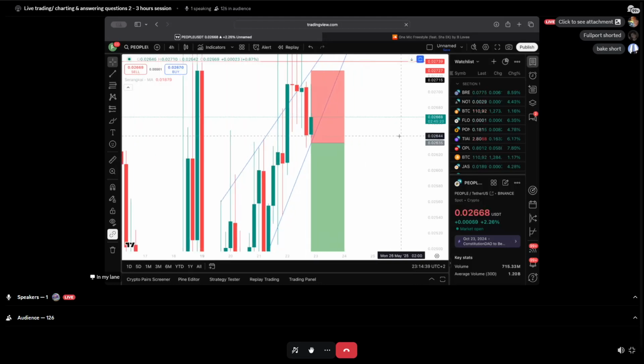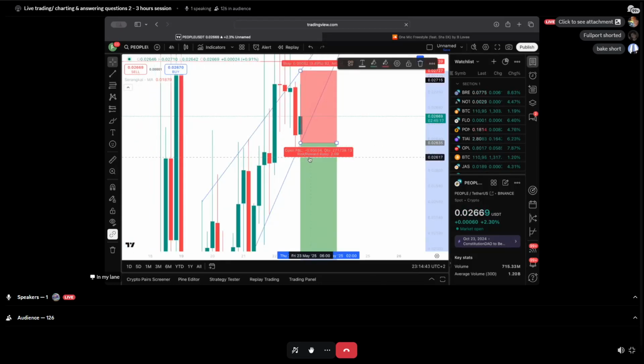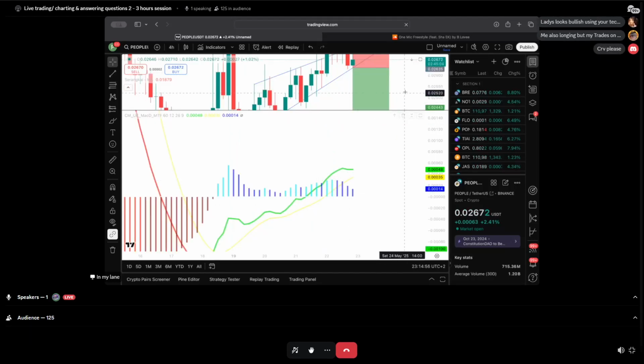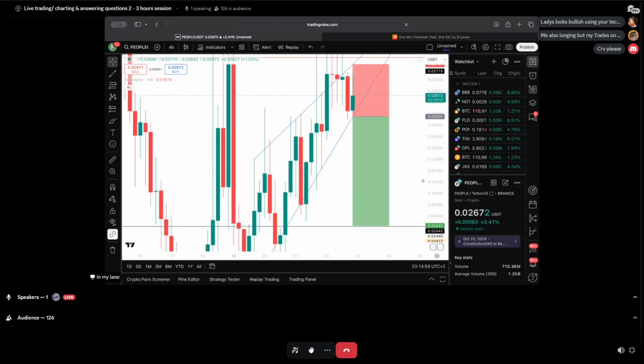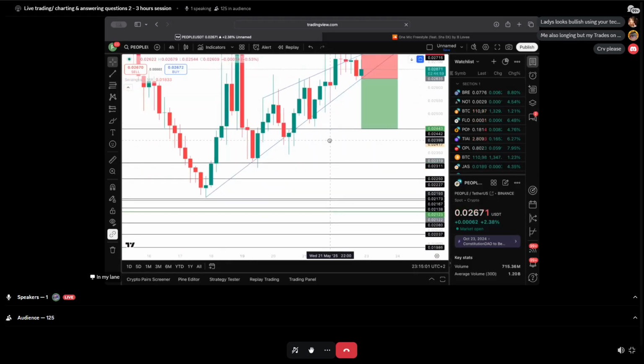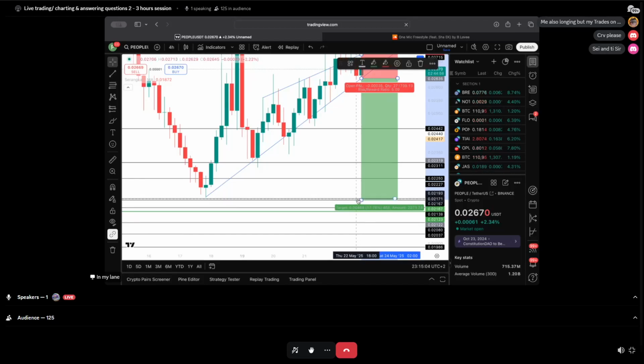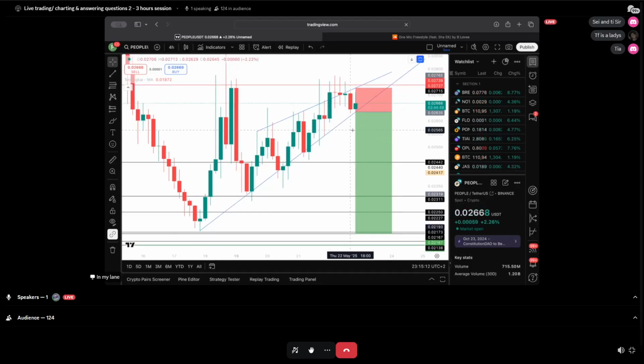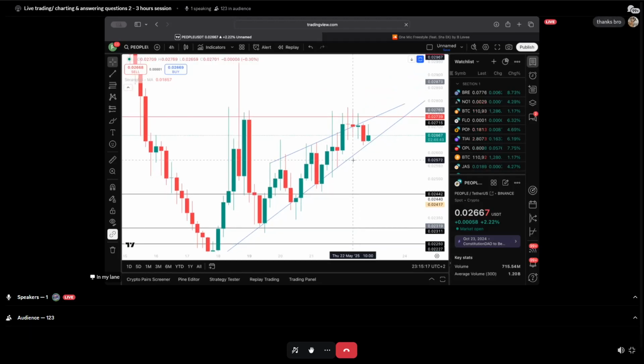Only if we close below, the candle here is red, and it goes back up. We get a cross here, and boom. Because we broke down already, then I'll move my targets all the way down here. But right now we're still in the trend, so no need to worry. Just keep this in mind.